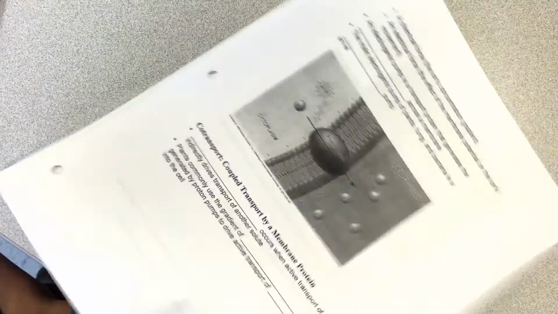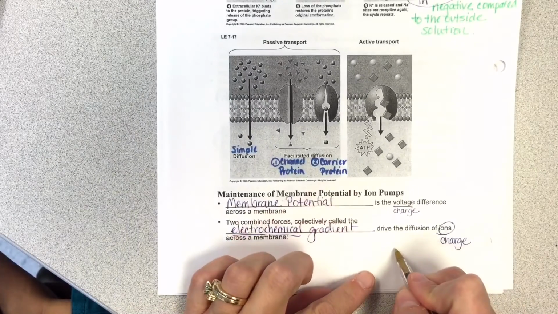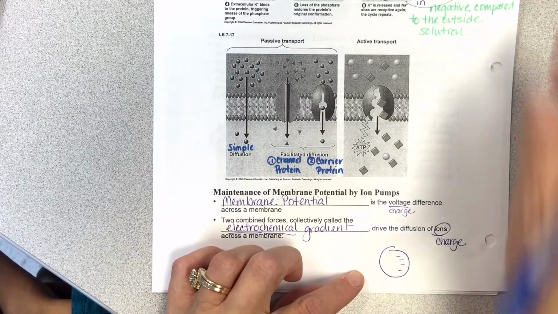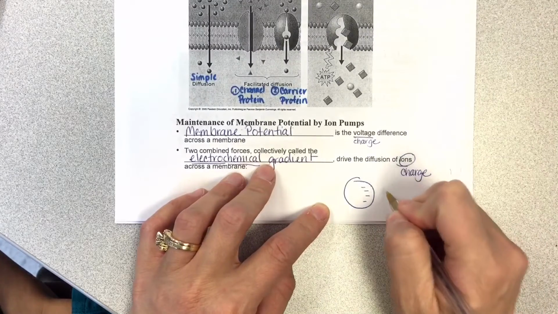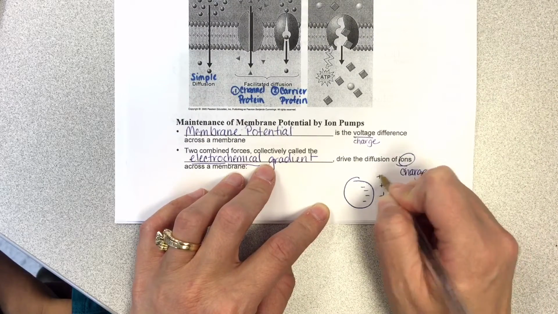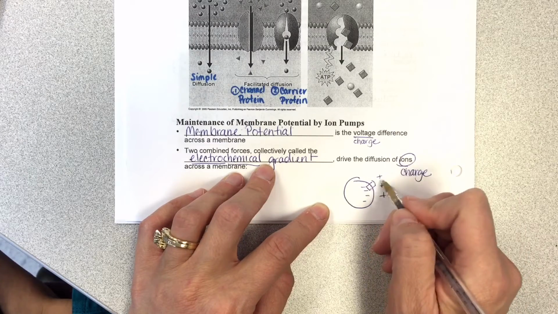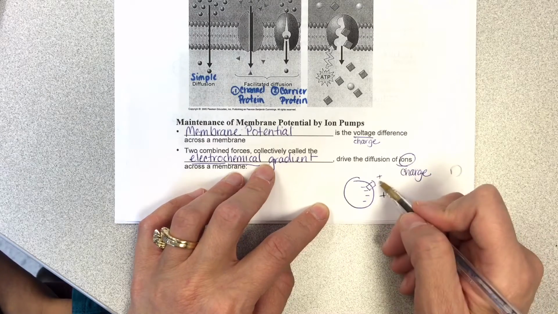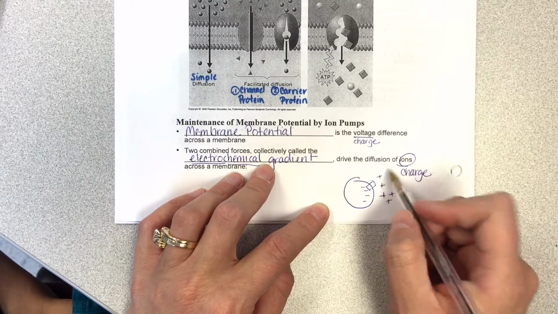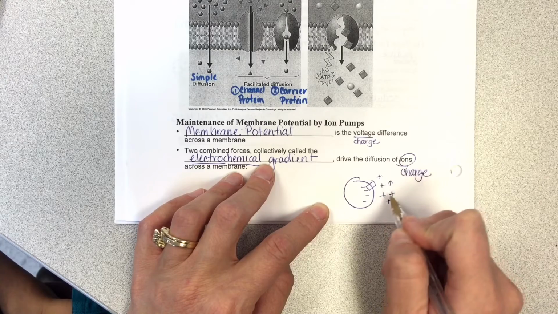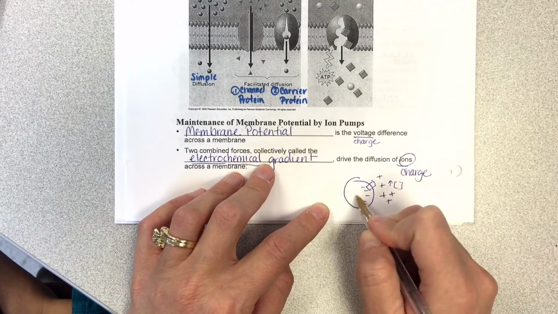So let's look at how that could play a role. For instance, if you have a cell that is negative on the inside and you have positive ions here, and you have a particular protein that allows those positive ions to go in, those positive ions can go in because of one of 2 different things, because it goes from a high concentration to a low concentration.